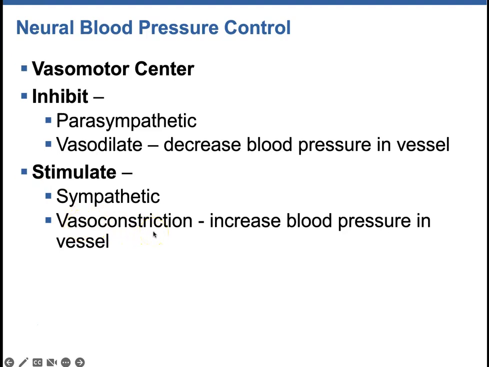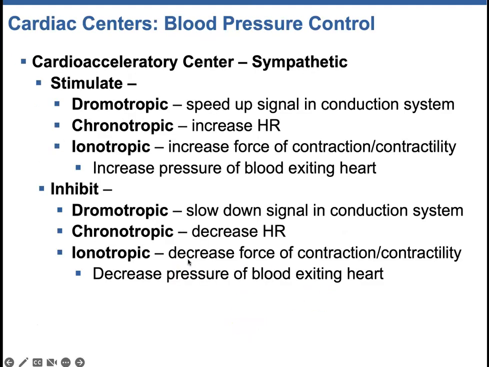Pressure is going to increase because you've vasoconstricted that vessel. And remember that in a sympathetic state, your pump, the heart, is also beating more frequently and contracting more forcefully, which is how we're able to maintain that pressure gradient through the vessels even though there is more vasoconstriction.